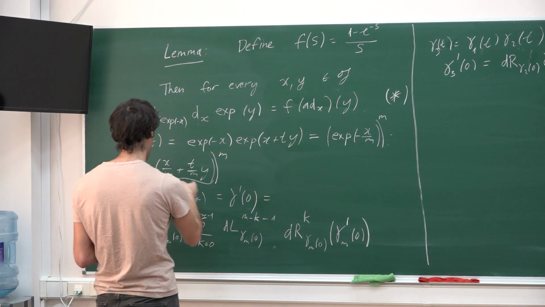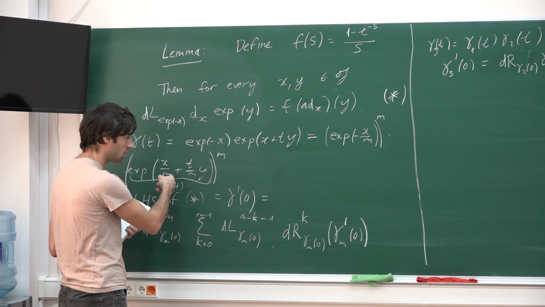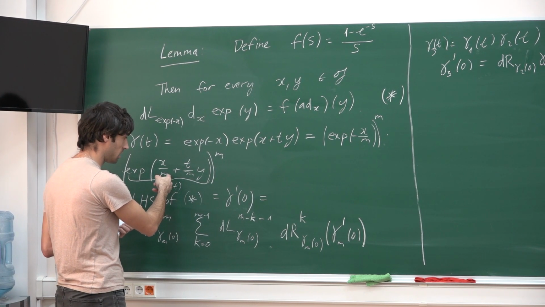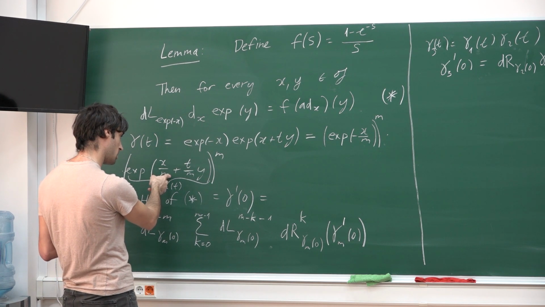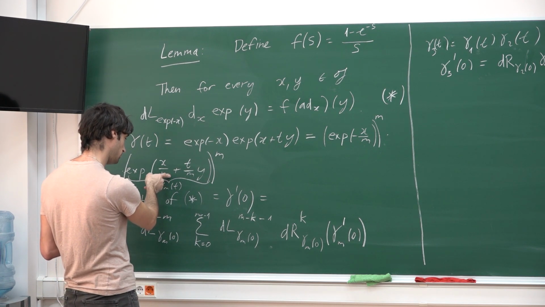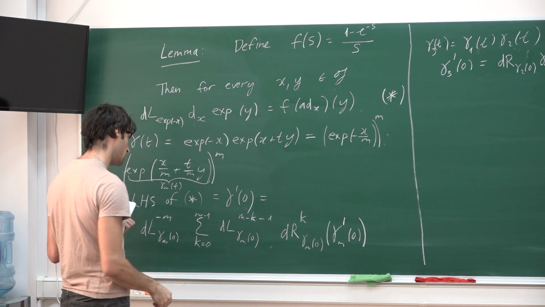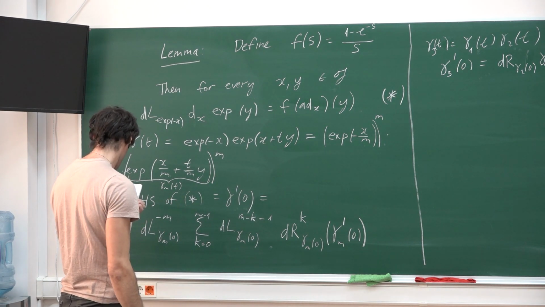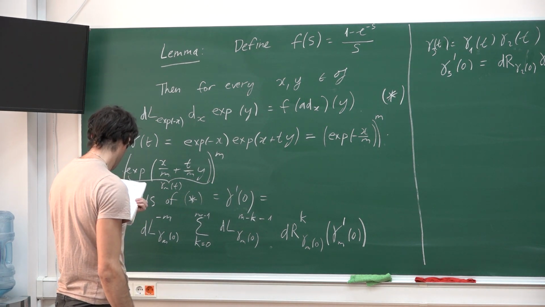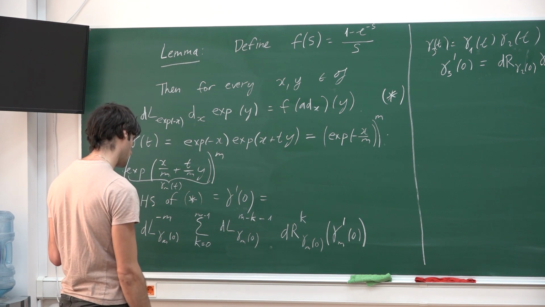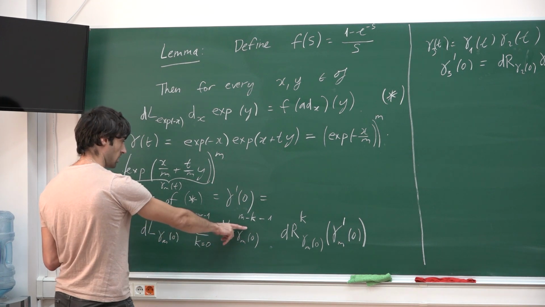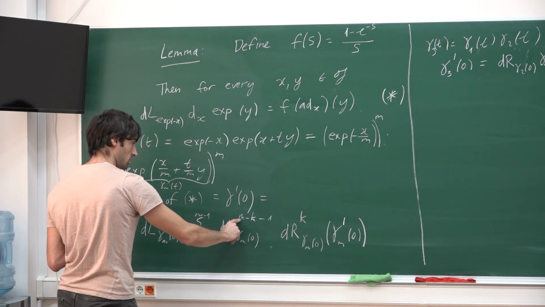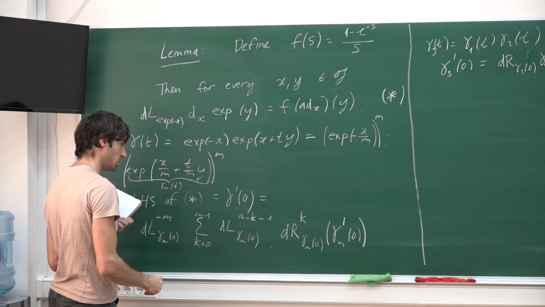Because I pick a term here, right? I say the k-th term. So in total, I should have m. So this plus this should be m minus 1.